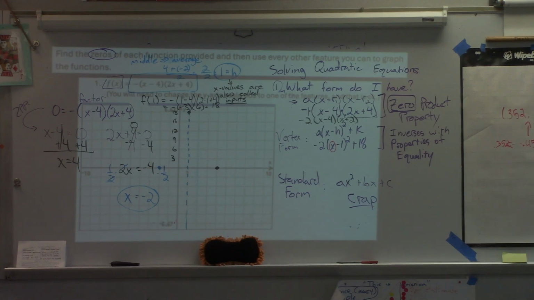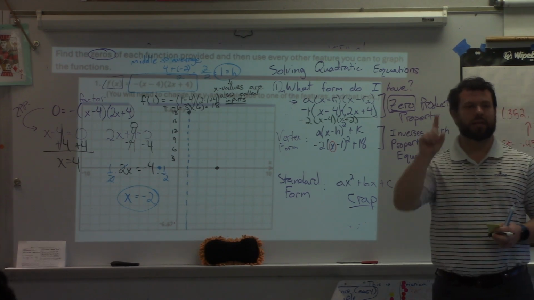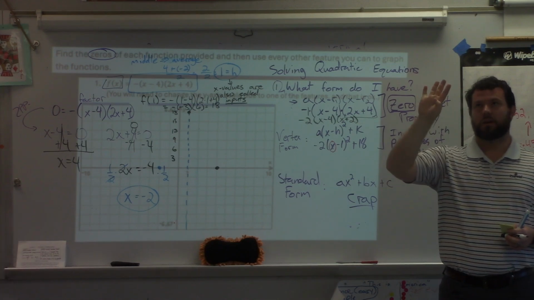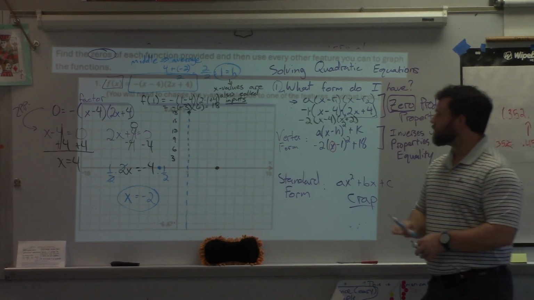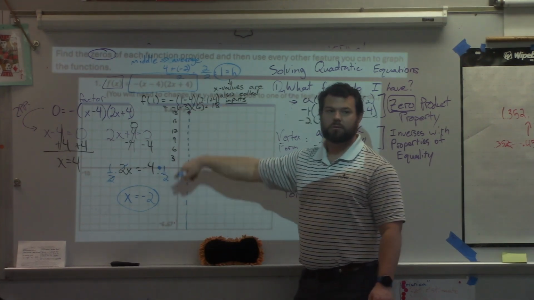Remember, we found our x-intercepts, we found our vertex, we found our line of symmetry. Y-intercepts. Remember the features we want: x-intercepts, y-intercepts, vertex, line of symmetry. Is that everything? Oh, and concavity. By the way, notice how this is telling us concave down as well?